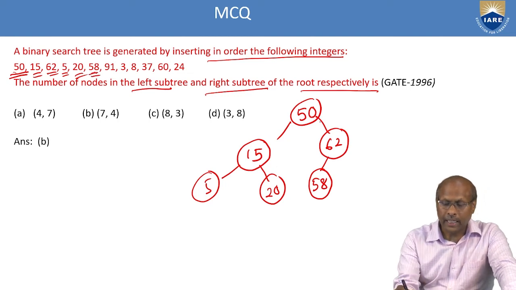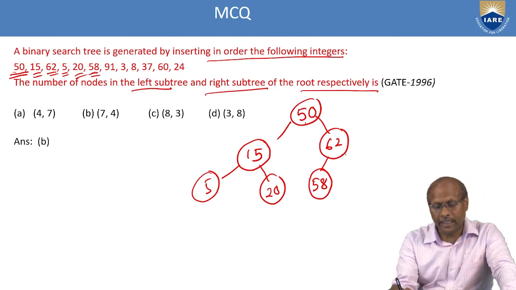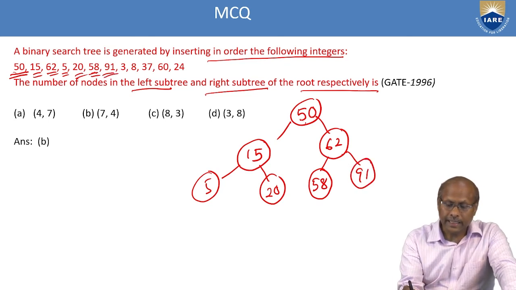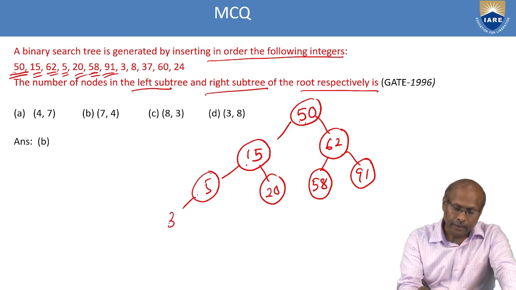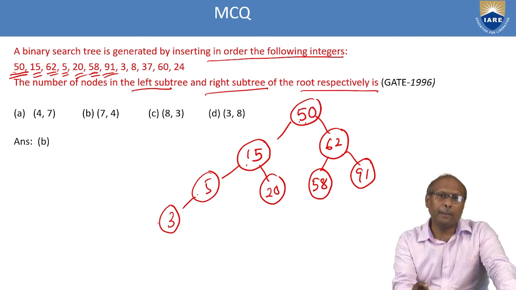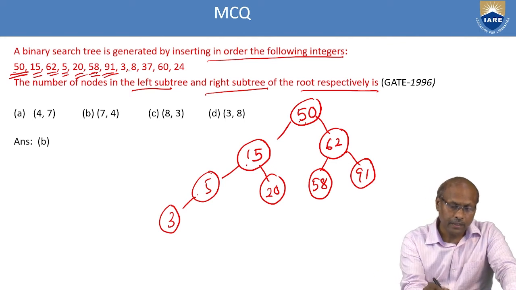Then 91. 91 is greater than 50 and greater than 62. So 91 will be right of 62. Then 3. 3 is left of 50, left of 15, left of 5. So based on the value, you have to decide in which side the data should go. If it is less, go left side. If it is greater, go right side.